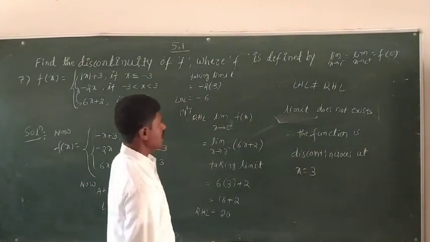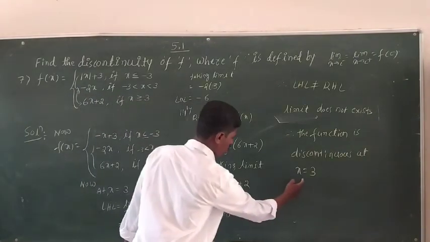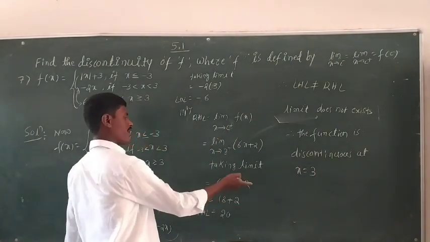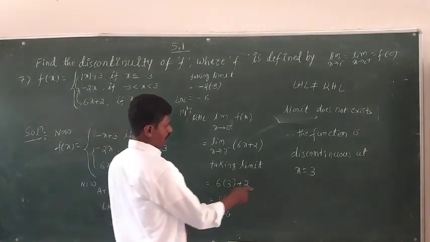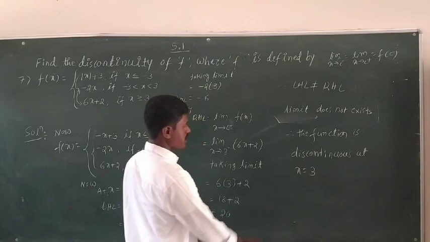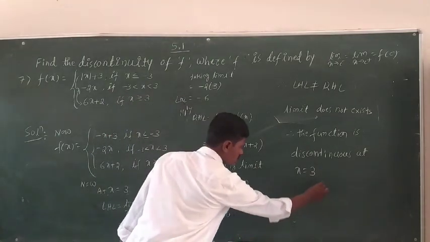So this is the continuity of the function at x equals 3. That means at x equals minus 3 the function is continuous, but at x equals 3 the same function is discontinuous. Okay, thank you.